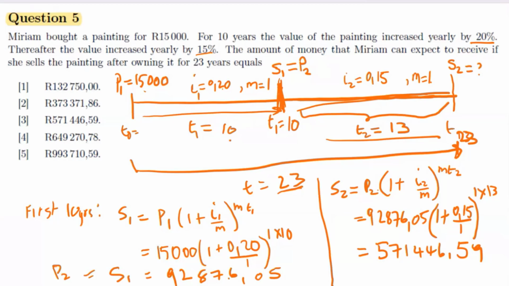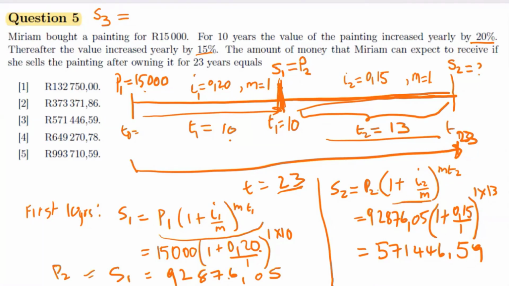Once you understand how we came to the general formula, you can say that for you to get your S3, your S3 is none other than your first present value, multiplied by this part.